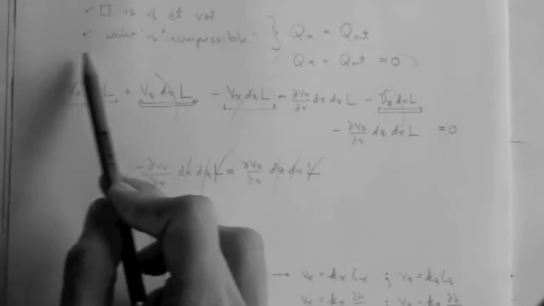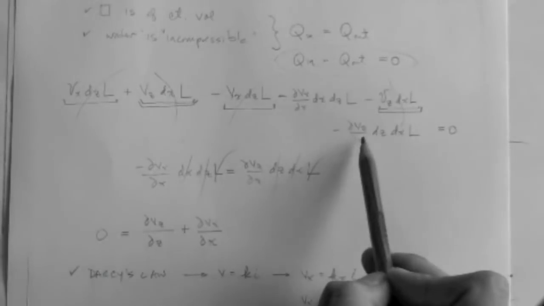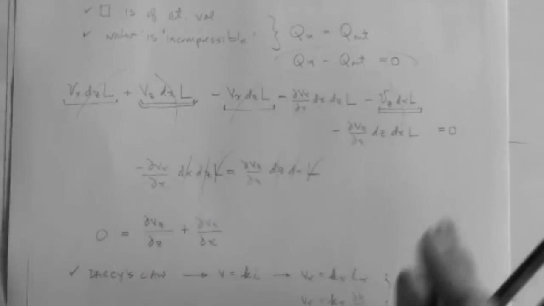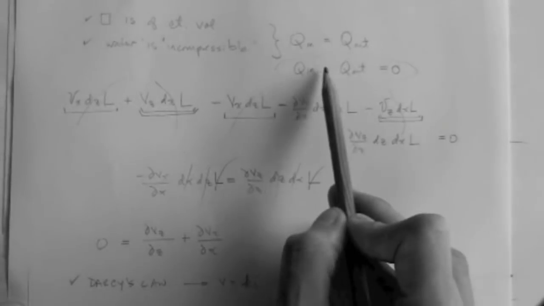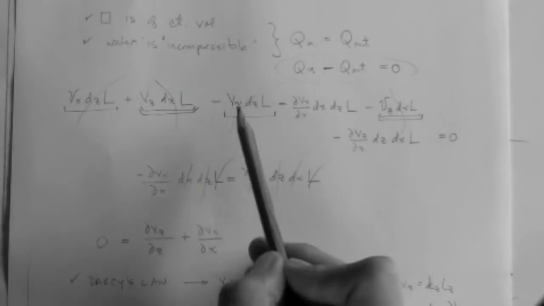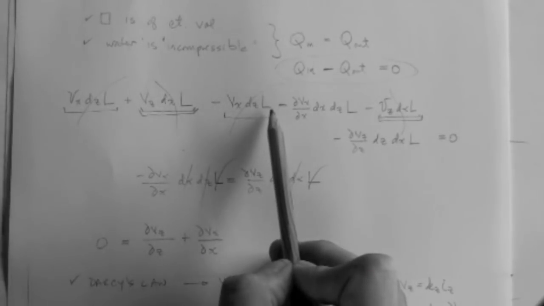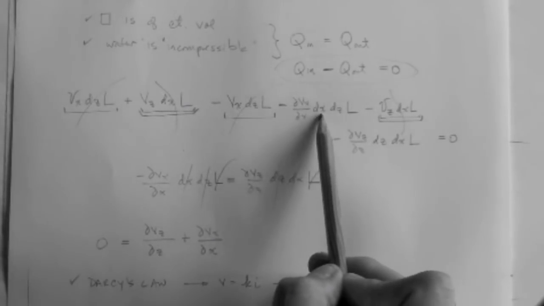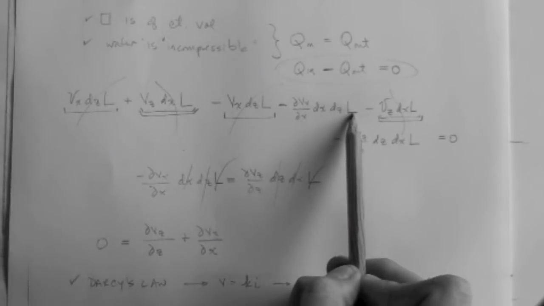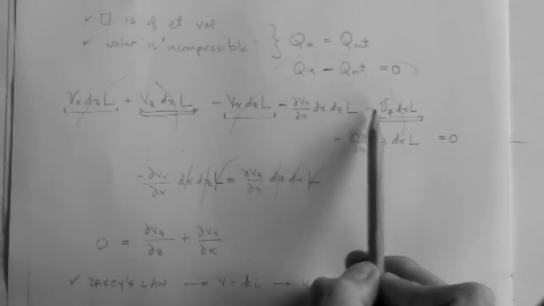This is Q in right here. And these 4 terms, 1, 2, 3, 4, are Q out. Notice that the Q out terms have a minus, because the minus is here. So, Vx dzL minus dVx/dx dx dzL, etc., etc.